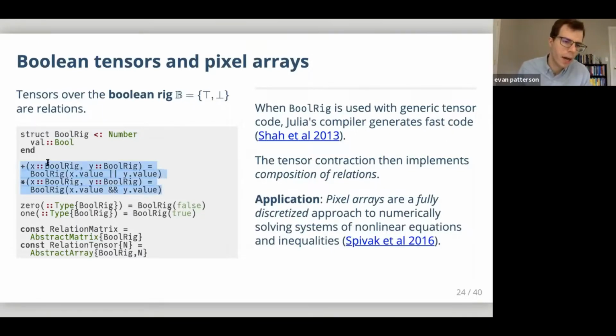I can define a new type with my own addition and multiplication, but I don't have to pay for that in terms of performance because the compiler can compile that away. Julia is not the only possible system with this capability, but I'll leave it at that. Does that help?